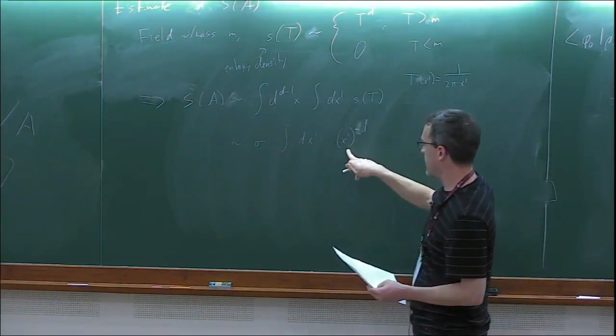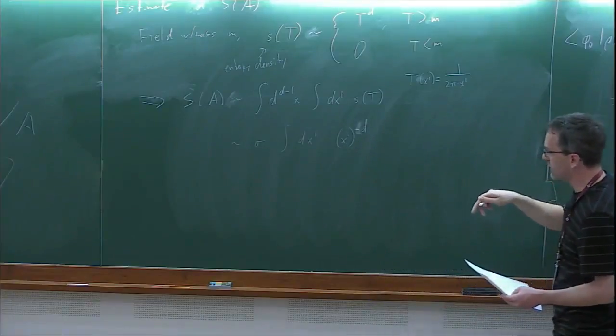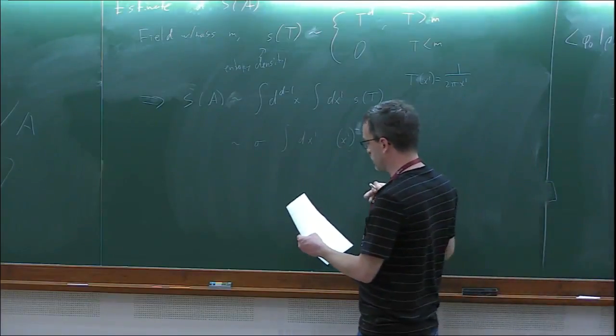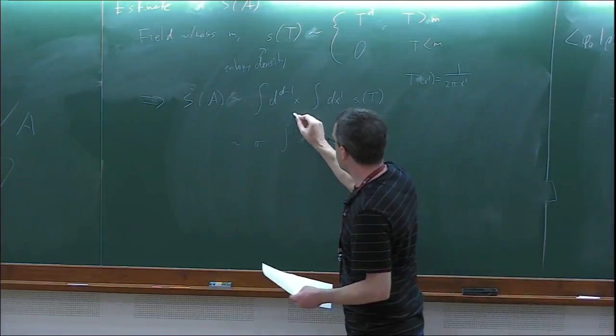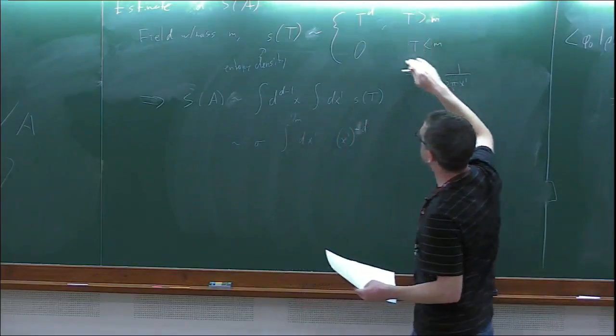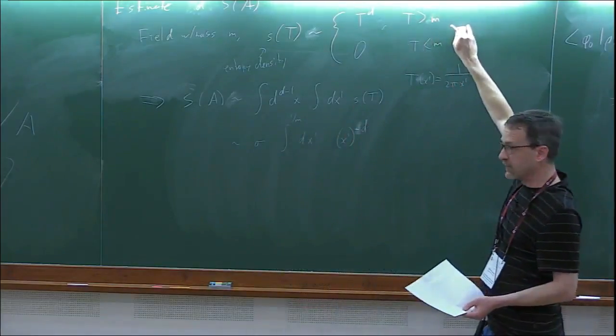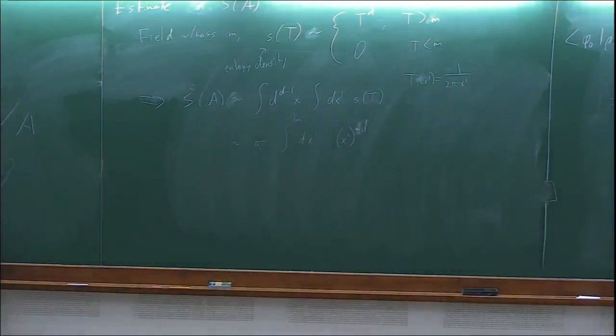Again, the smaller x1 is, the hotter it is. And you integrate only up to 1 over m by this rule. Once you're out past 1 over m, the fields are too cold to be excited. You have a mass gap. They're too cold to be excited out here, so you only integrate in here.